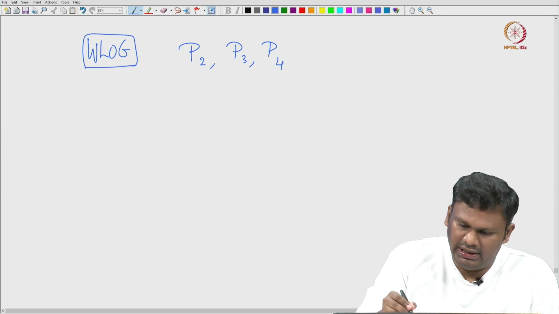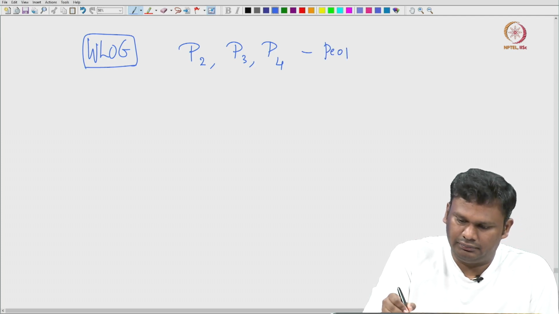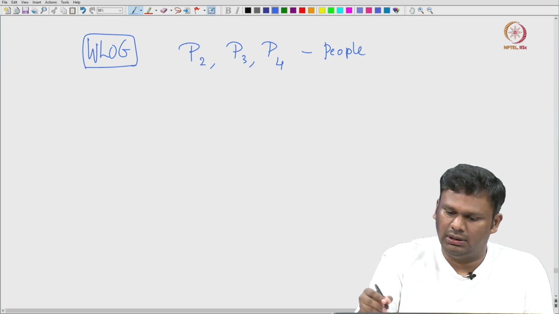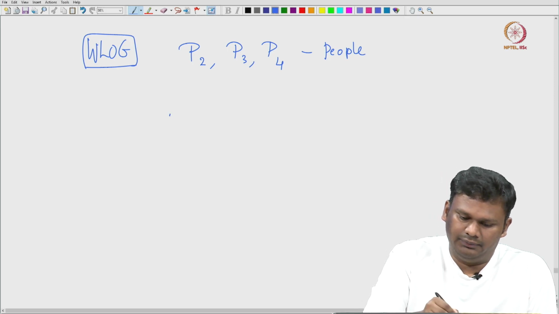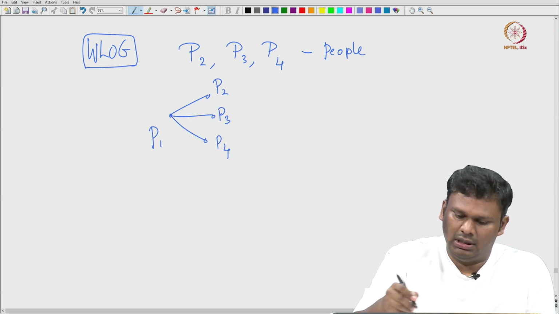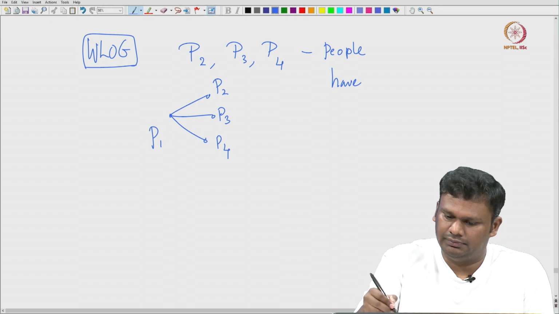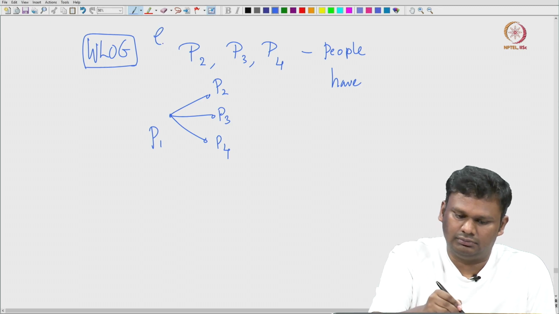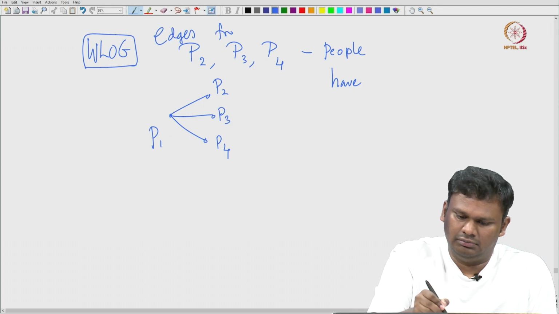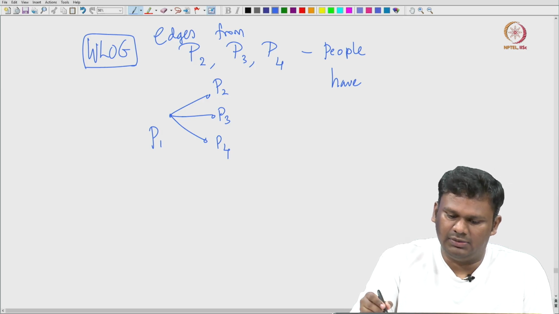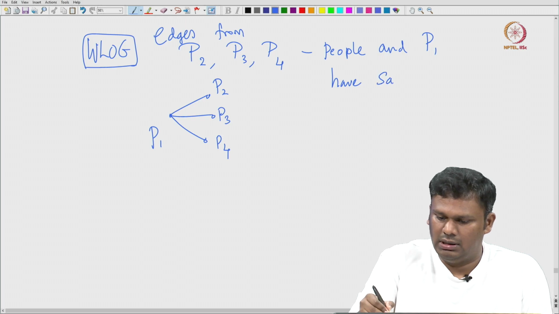Okay. So, these people, okay, with P1, between P1 and these people, P2, P3 and P4, they all have same color, these edges, the edges from P1 to P2, P3 and P4 have same color.